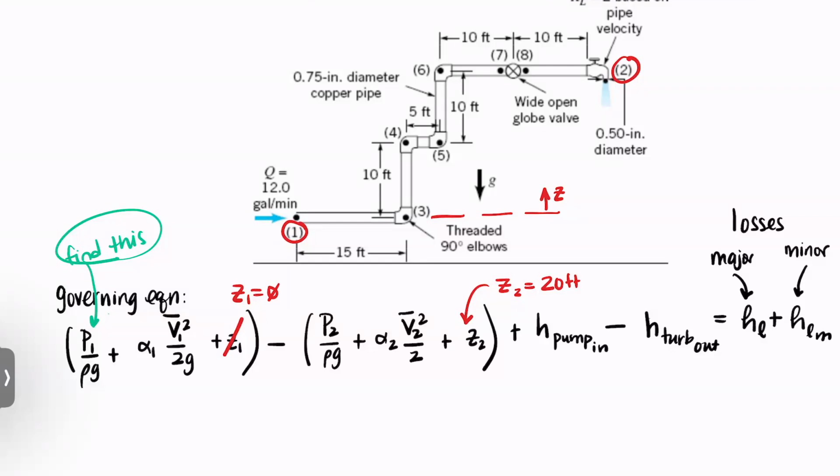Anytime we have a fluid discharging to the atmosphere, we can assume that it is at atmospheric pressure at that discharge point. So this is P atmosphere. All right, what about our H pump and our H turbo machinery? Do we have any work input or extracted from this system?